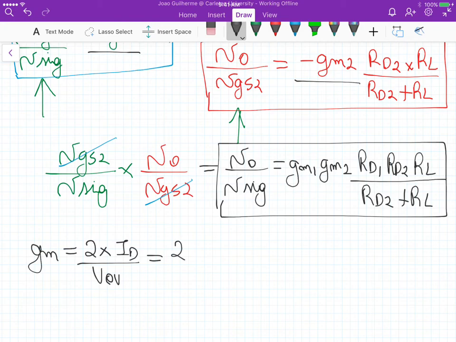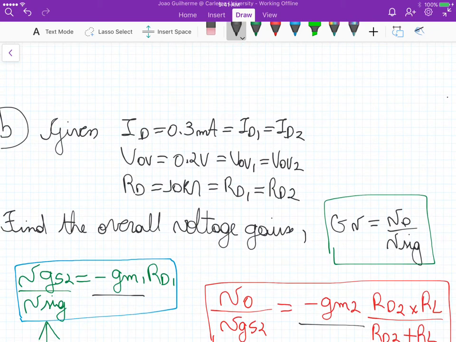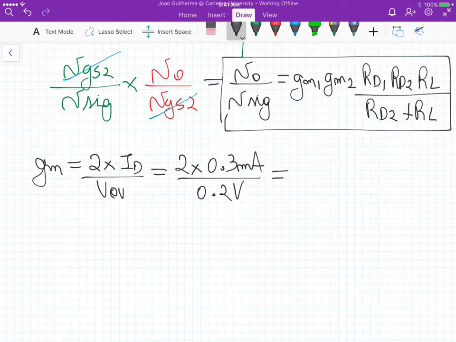And this is 2 times the drain current, that is 0.3 milliamps, divided by the overdrive voltage, that is 0.2 volts. And those are known values from the problem. So this gives us a transconductance of 3 milliamps per volt. And because the drain current and the overdrive voltage are the same for both transistors, this GM is actually the same.